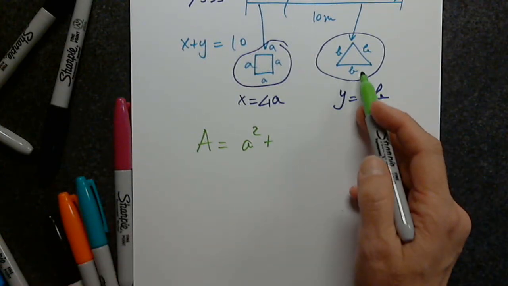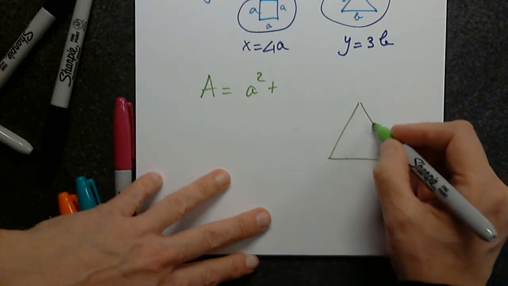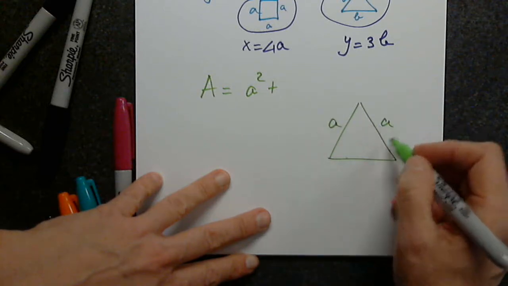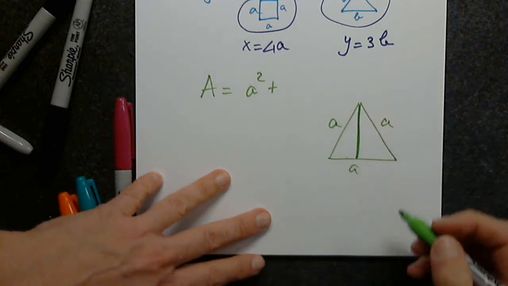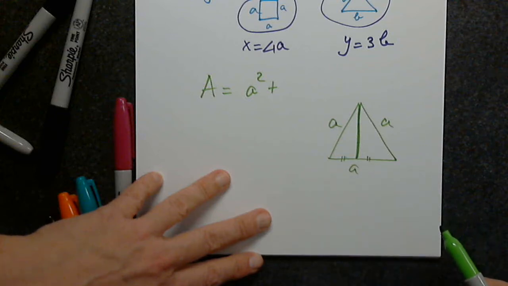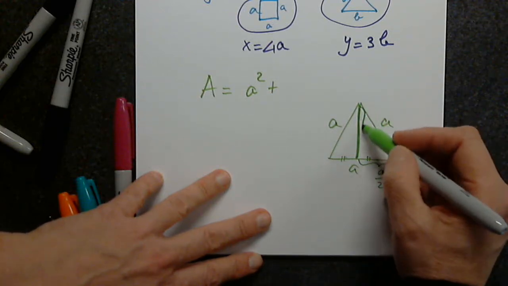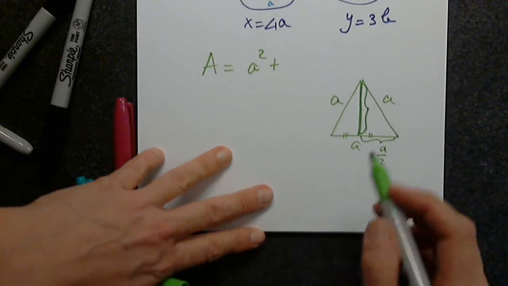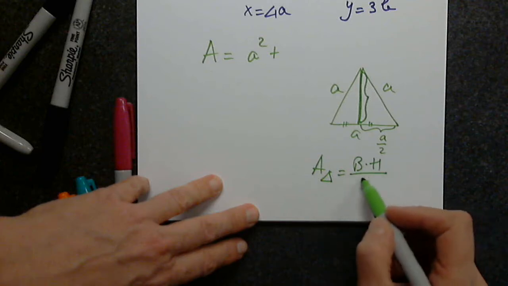we don't know. Let's go back and dig deep on this one. In an equilateral triangle, the height is always the median, and it will bisect the base into two equal parts. This triangle is 100% symmetric. So this will definitely be A over 2. Now I need to determine the height, because in order to determine the area of this triangle, I need base times height divided by 2.